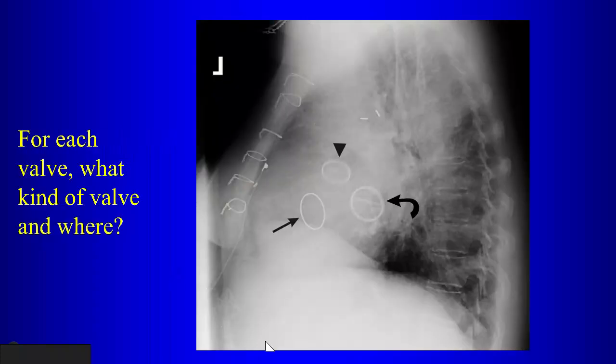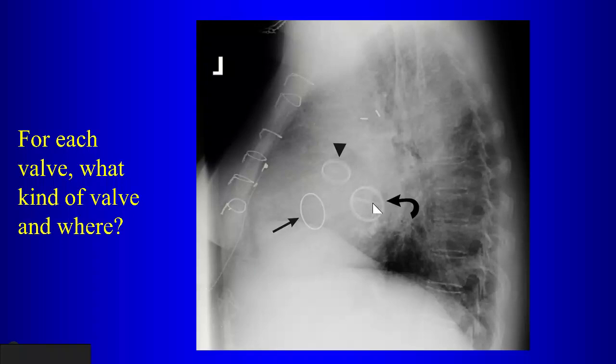So for each of these valves, what kind of valve and where is it located? So where is this guy? What position is that? Yeah, it's an aortic valve. Is that mechanical or tissue? Well, if we look really carefully, yeah, we might see the leaflets in there, right?